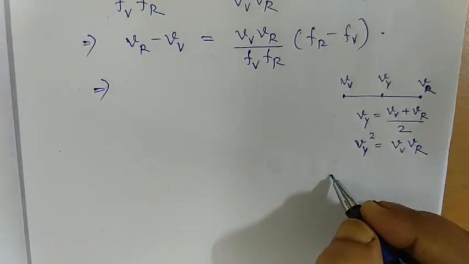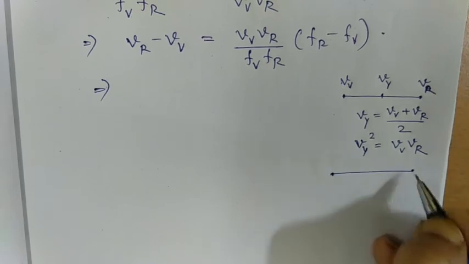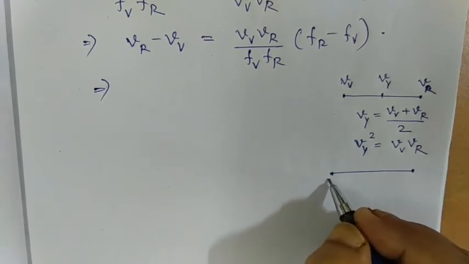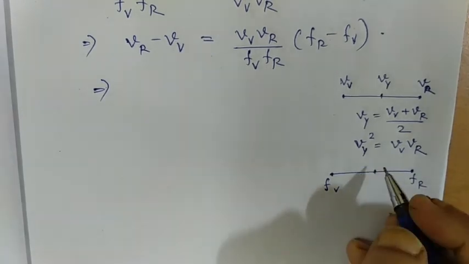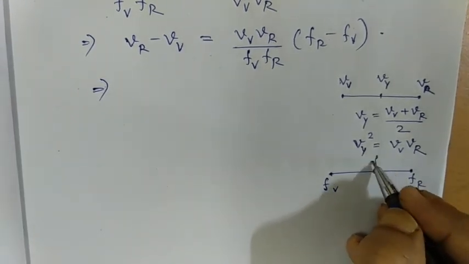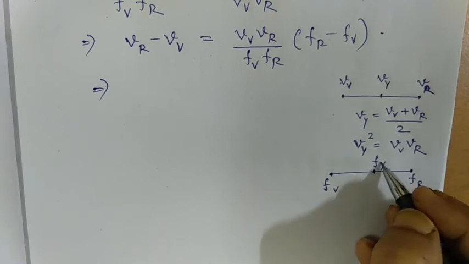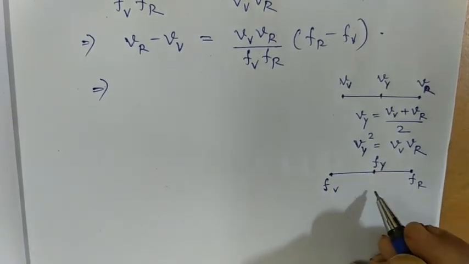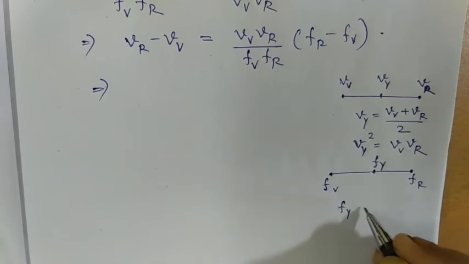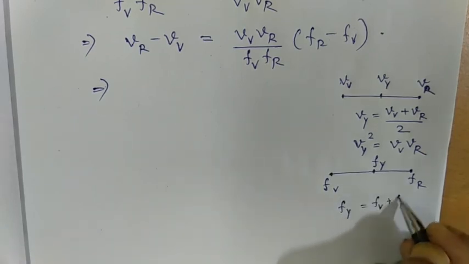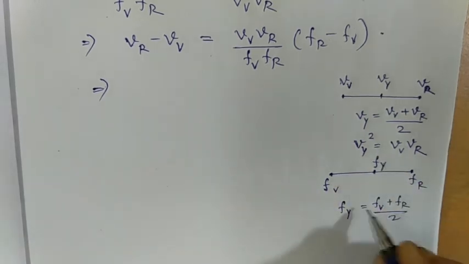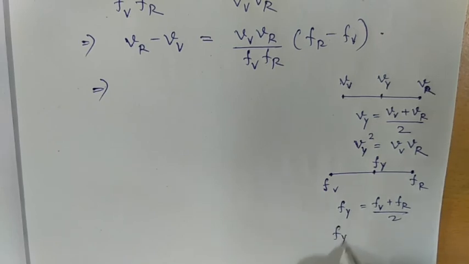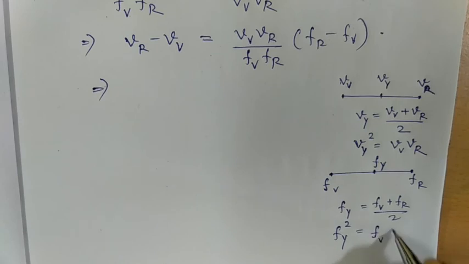Similarly, for the focal lengths, these are the two extremes, Fv and Fr, and this is the mean focal length, Fy. Generally we say F only, but we can denote it as Fy. So Fy is equal to Fv plus Fr by 2, as the mean is always calculated in this way. So Fy square can be written as Fv into Fr.